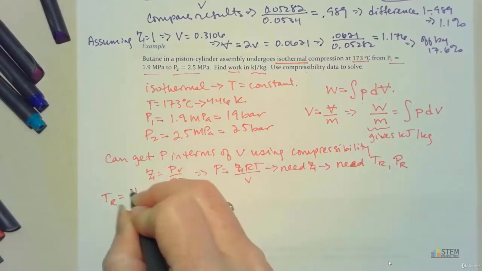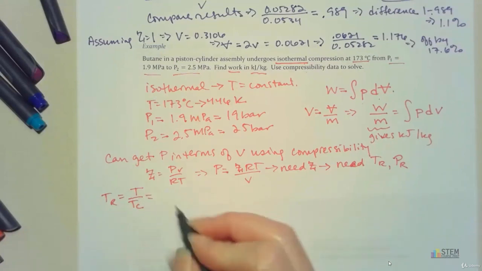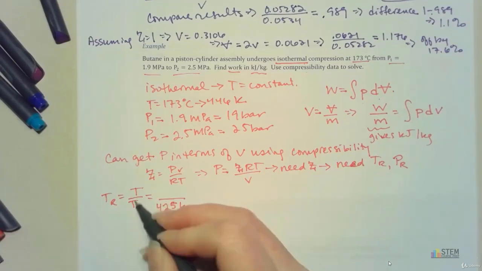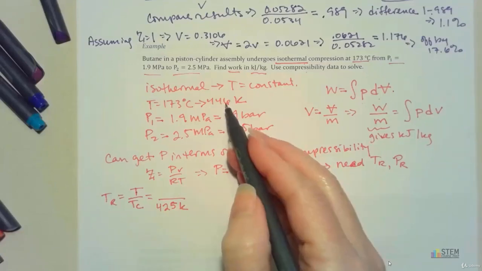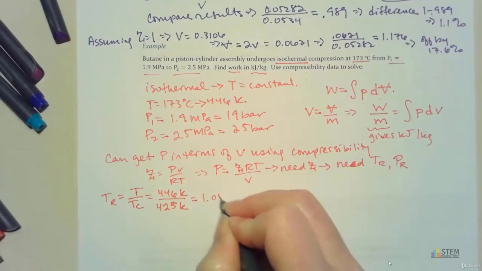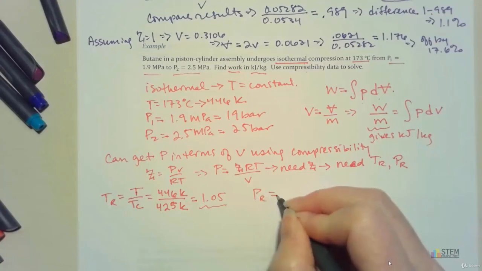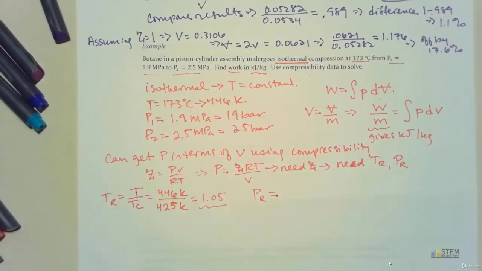Reduced temperature was T over the critical temperature. And we've got butane. The critical temperature for butane, which you'll find in the table, is 425 Kelvin. The temperature here is going to be 446. So we get 1.05 for the reduced temperature. Reduced pressure. For this one, we've got two of them because we have P1 and P2.